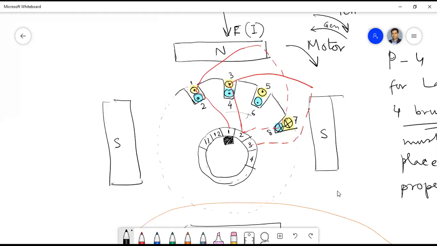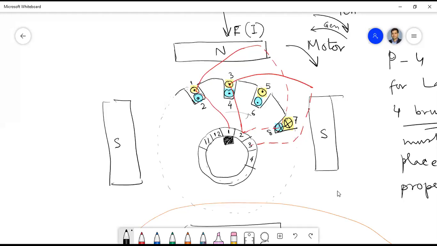These are the parameters which determine how much flux will link a particular coil. If a particular coil is under the North Pole, and another coil is under the South Pole, it may happen that the voltage induced in the first coil is different from the voltage induced in the second coil.